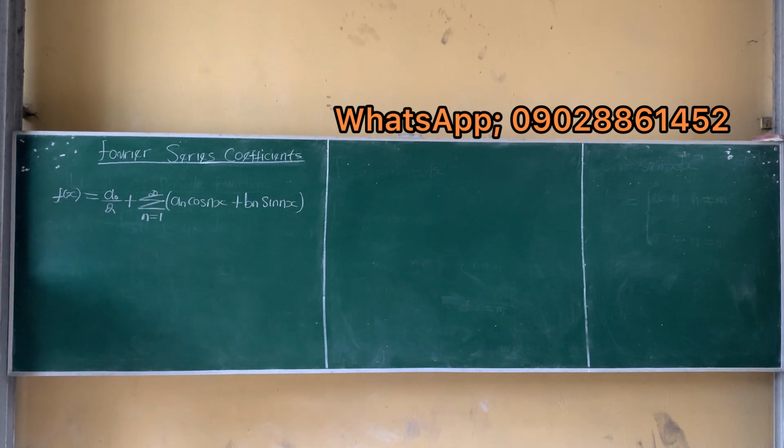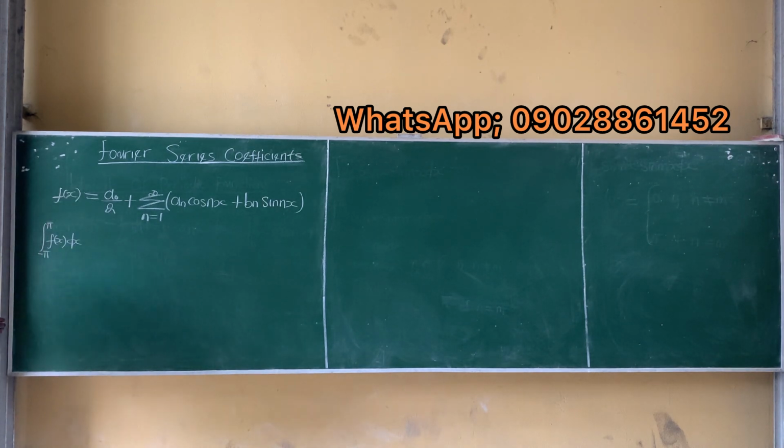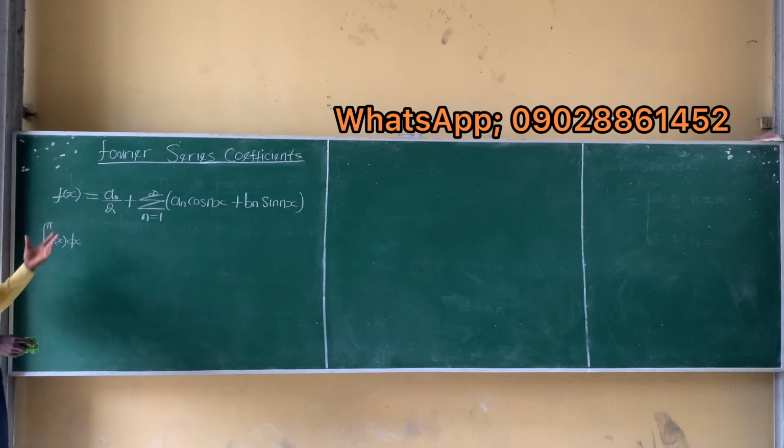So if we integrate from minus pi to pi, we are going to have the integral from minus pi to pi of f of x with respect to x. That is the first one. We are asked to integrate both sides from minus pi to pi.